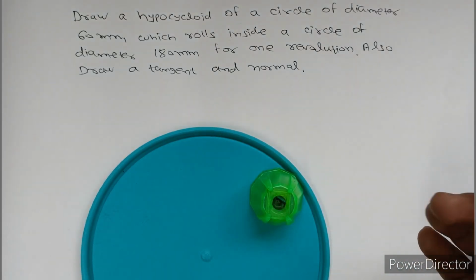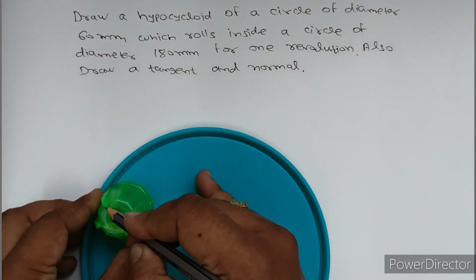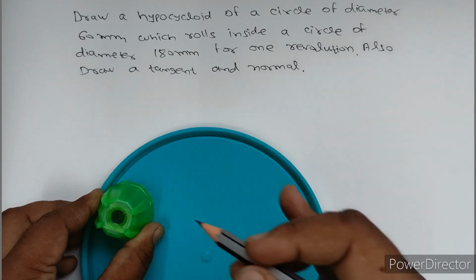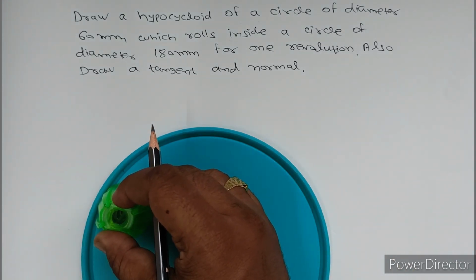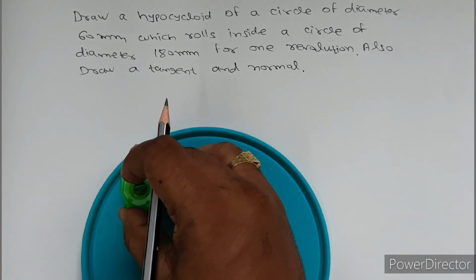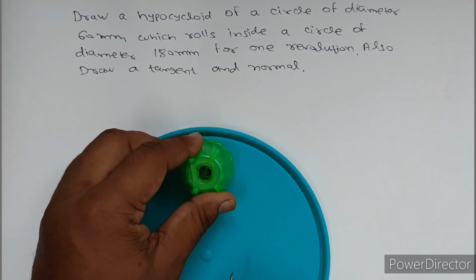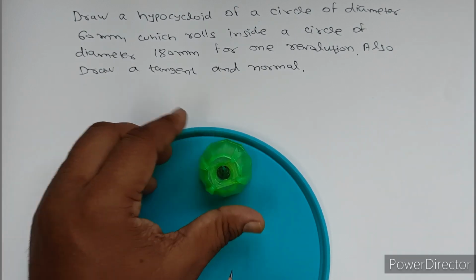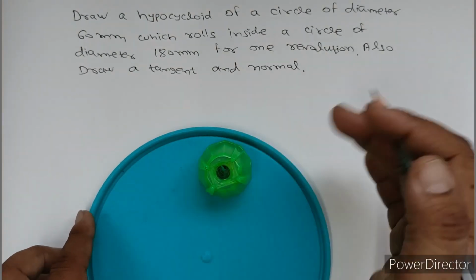Suppose this is one point which we have marked, and you have to draw one revolution of the curve. In this way one circle will rotate inside another circle for one revolution. I hope all of you are clear on this. This is called a hypocycloid.